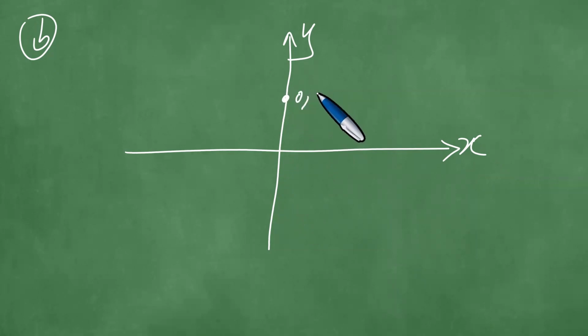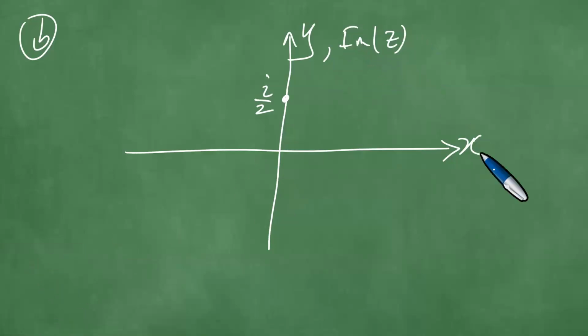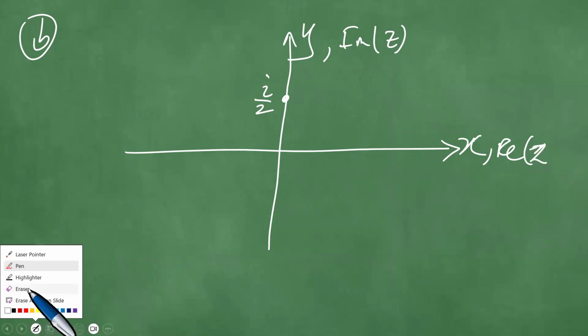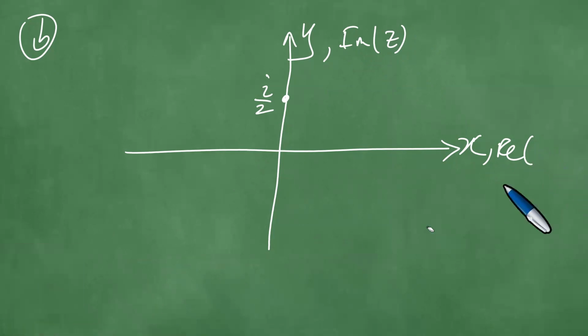X is 0 and y is 1/2, so you can see this as i over 2. You can write it like that, or as 0 and 1/2, same thing. This axis is the imaginary axis, and this is the x-axis, the real axis. This one is the set of all the real z, so it's the real axis, and this one is the imaginary axis.